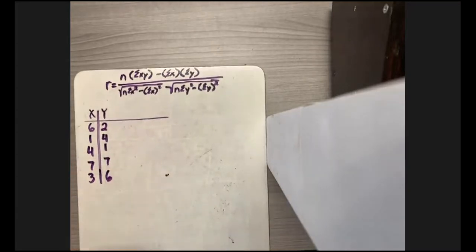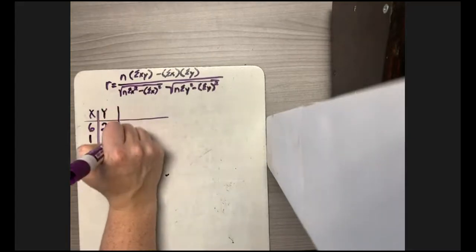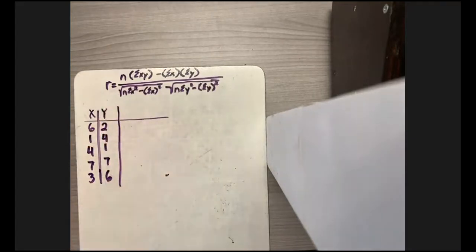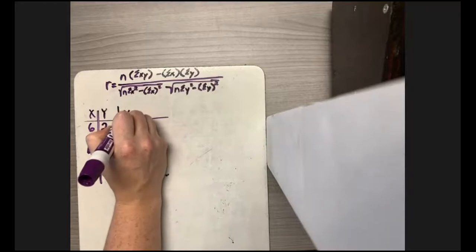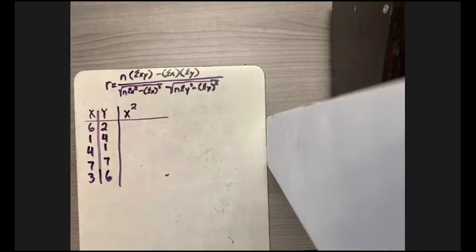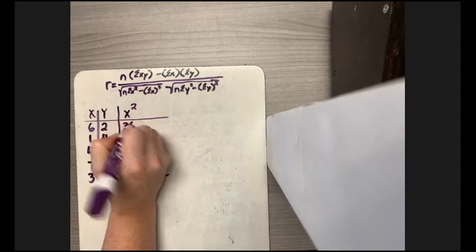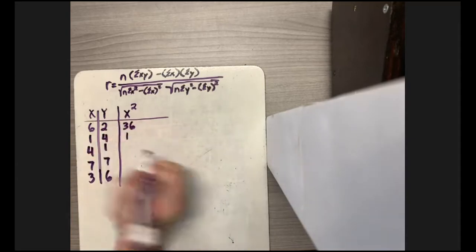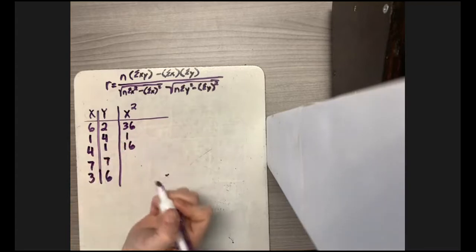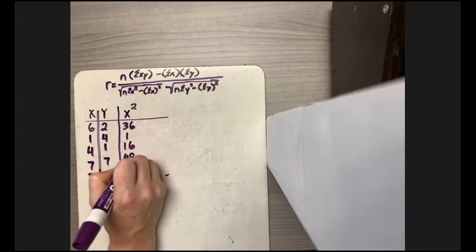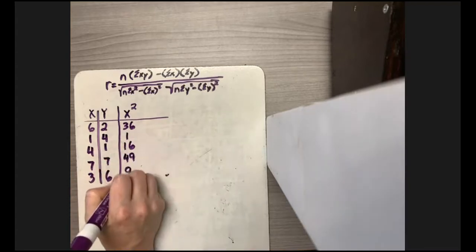Now I'm going to create the other table columns that I'm going to need. I'm going to need an X squared column, so we'll go ahead and create that. 6 squared is 36, 1 squared is 1, 4 squared is 16, 7 squared is 49, and 3 squared is 9.